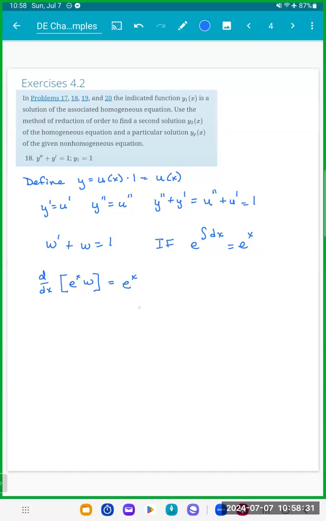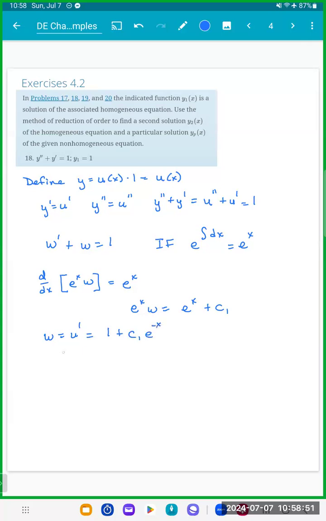It gives us that e to the x w is equal to e to the x plus some constant, we'll call it c1. Therefore, we could say that w equals u prime, which is 1 plus c1 e to the negative x.